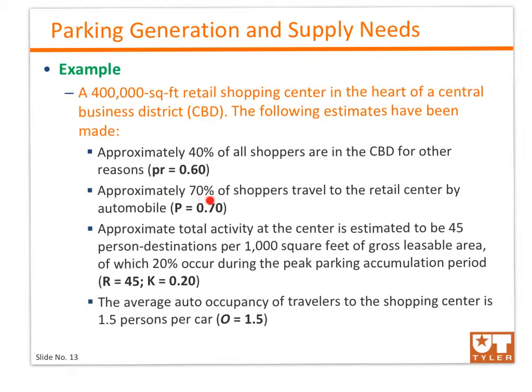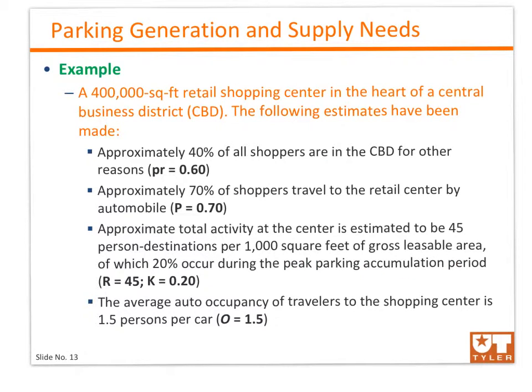Also, approximately 70% of the shoppers travel to the retail center by automobile. That means 70% are traveling by their own cars, so P is 0.7. That means 30% are coming by other means. Another piece of information is that the approximate total activity at the center is estimated to be 45 person destinations per 1,000 square feet of gross leasable area, of which 20% occur during the peak parking accumulation period.